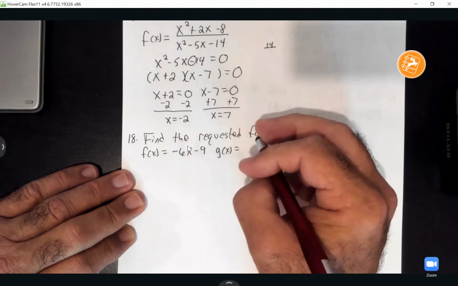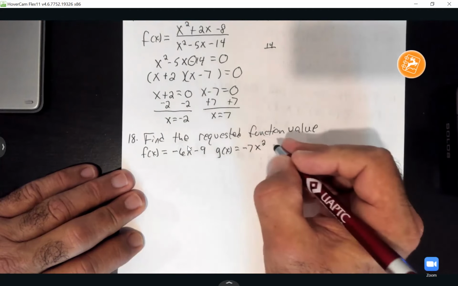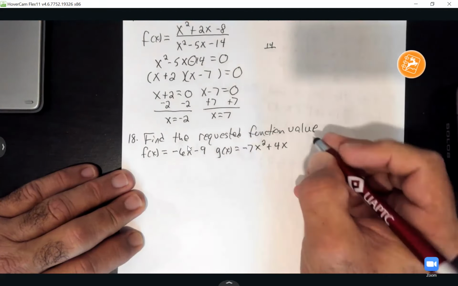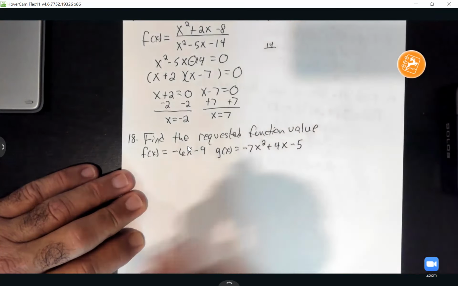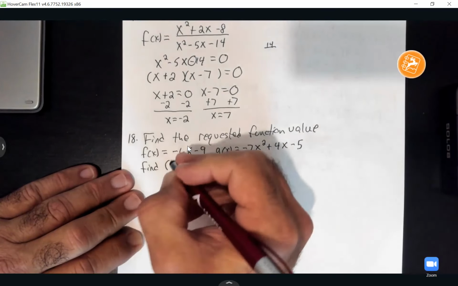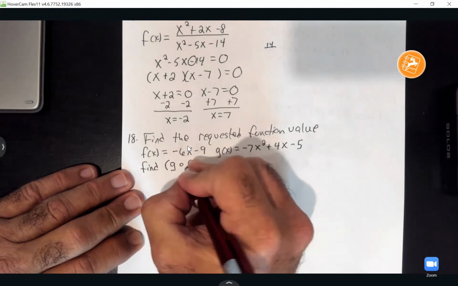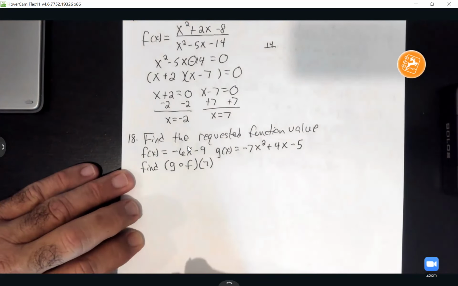G of x equals -7x squared plus 4x minus 5. So what they want me to find is G compose F of 7.